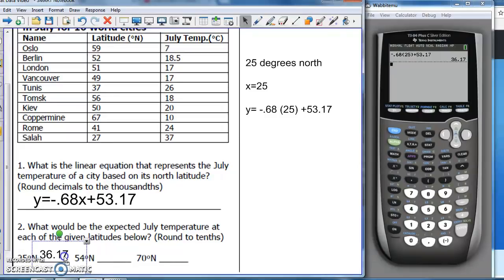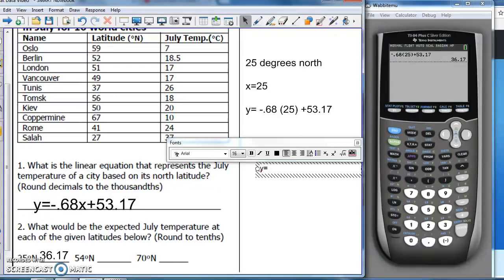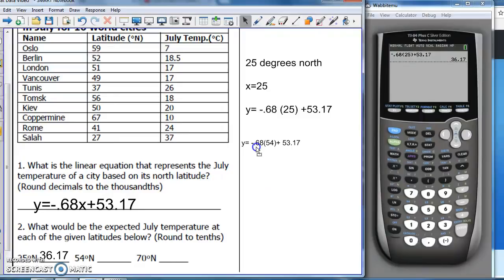And for 54, it's the same thing. It's telling me what is the expected July temperature. This line helps me find what is expected. So instead of x, y equals negative 0.68, and it's giving me x equals 54, so 54 plus 53.17. So this is my equation for the second one.